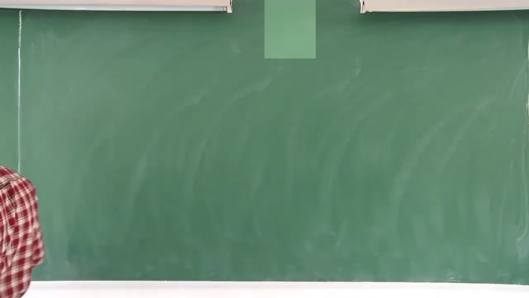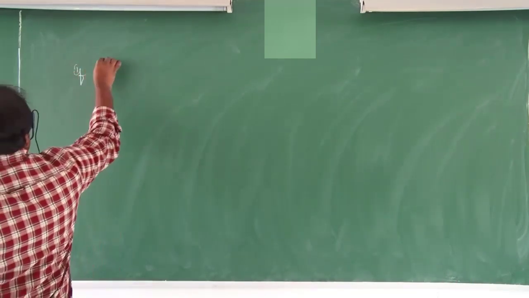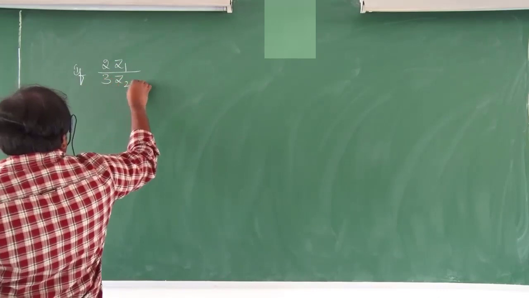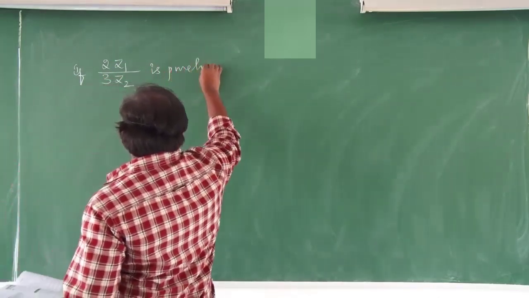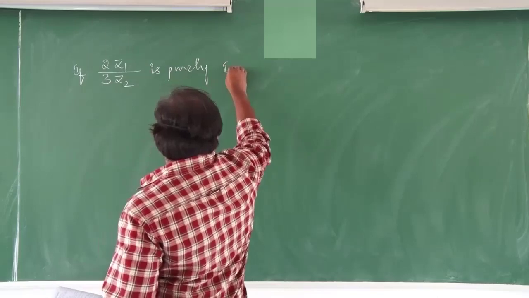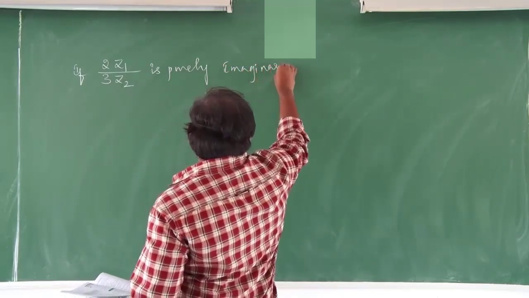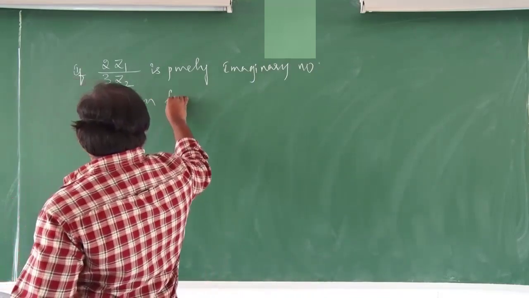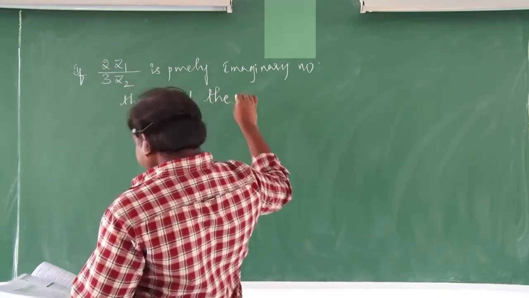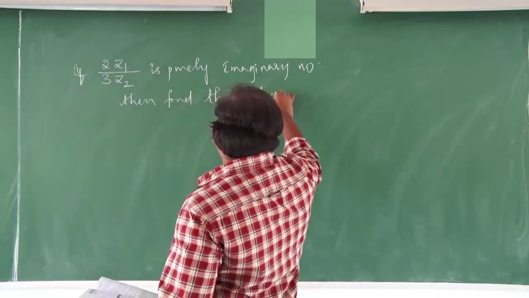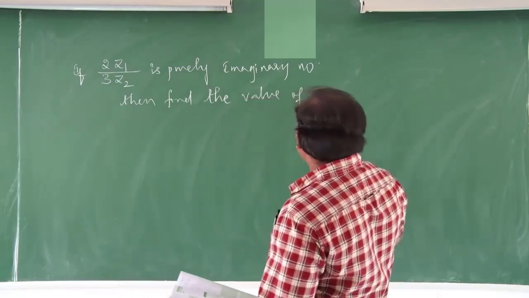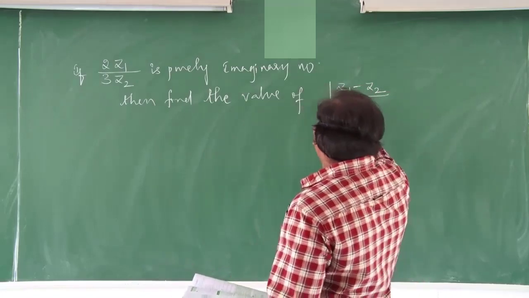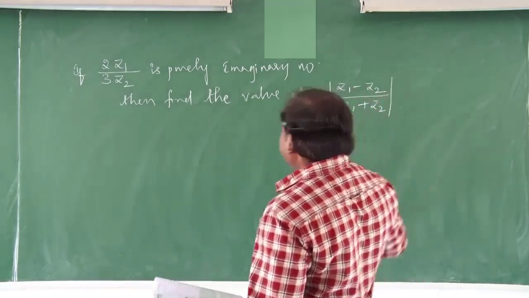The bit is: if 2z1 by 3z2 is a purely imaginary number, then find the value of modulus of z1 minus z2 by z1 plus z2.